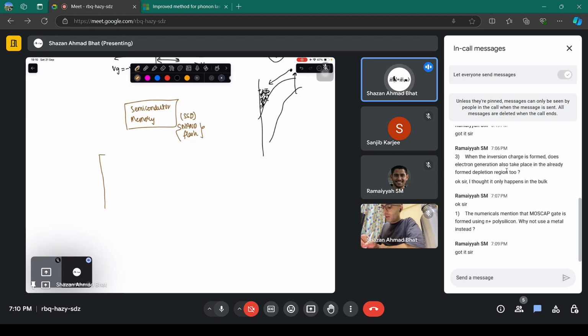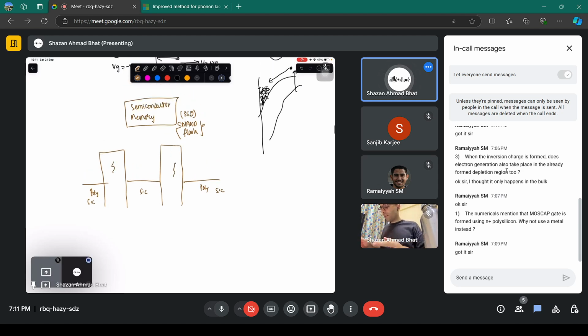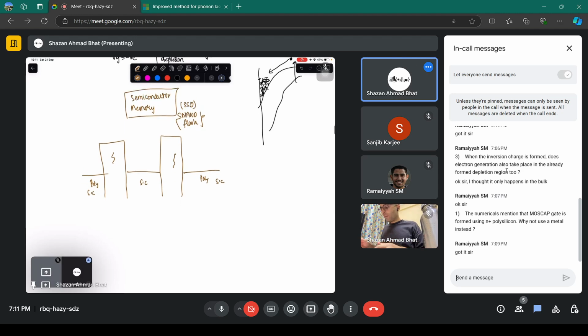There you have an oxide, semiconductor, oxide, semiconductor. Let's say this is polysilicon, this is polysilicon, this is semiconductor. All this is semiconductor in the end, and this is oxide. This is the structure of a simple memory block.